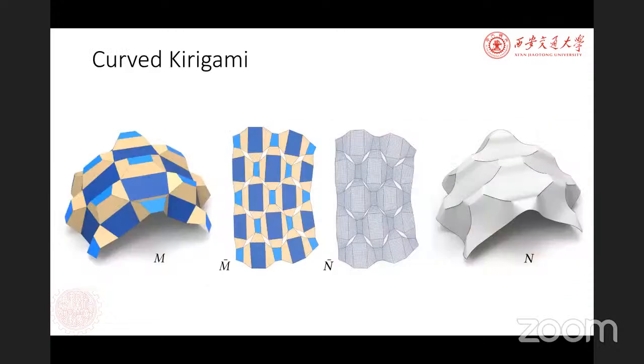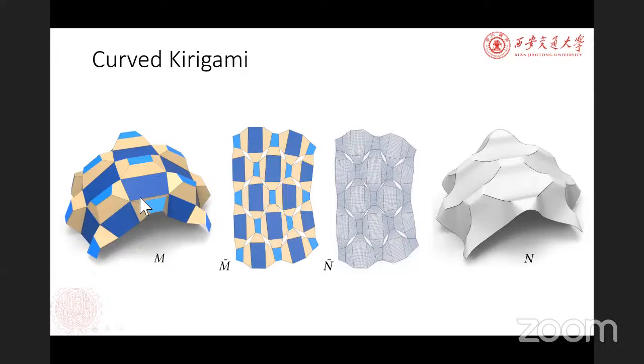Another work I think is quite interesting is the curved Carigami. Similar to curved origami, the cutting lines are not straight. As far as I know, there is almost no such kind of design before. So what we did is use the idea of subdivision. So we have the design of box Carigami.